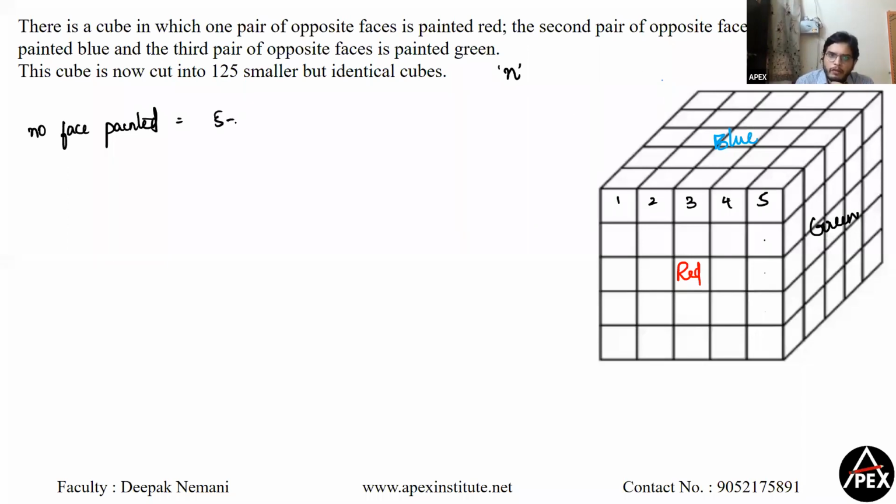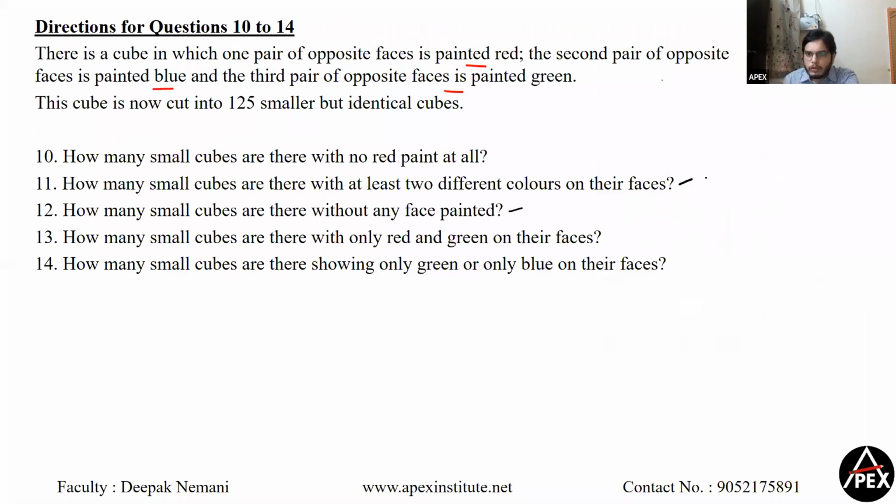So 5 minus 2 whole cube, 3 cube, 27. So you will have 27 cubes with no face painted. This is for question 12. Now coming to question 11.